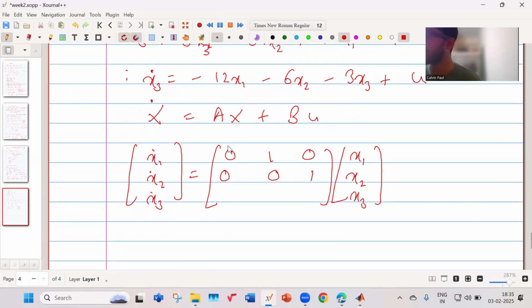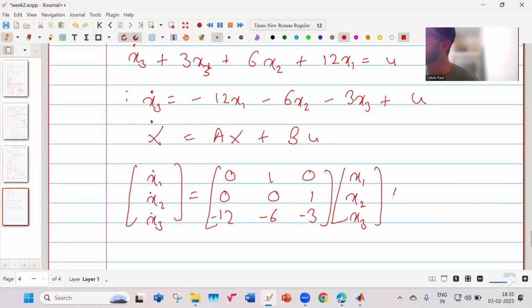And x3 dot is minus 12x1 minus 6x2 minus 3x3. That's why it is minus 12, minus 6, minus 3. And u comes only in the last, so it is 0, 0, 1 into u. So we have got our A matrix. We have got our B matrix.